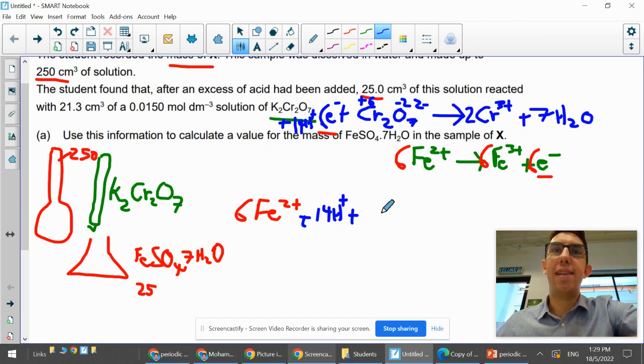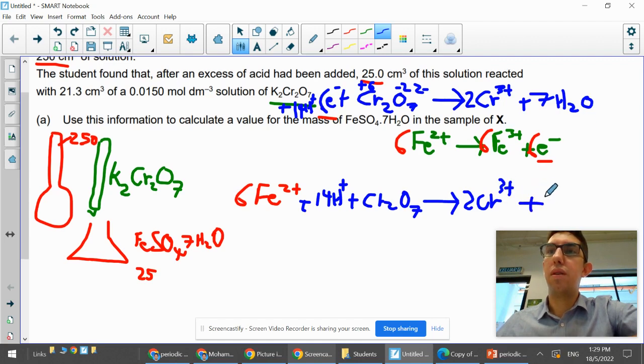The electrons are going to cancel out, so I won't bother drawing them, because there's 6 electrons there and 6 electrons there. We've got the dichromate ion. It's going to form 2 chromium 3+ and 7H2O.